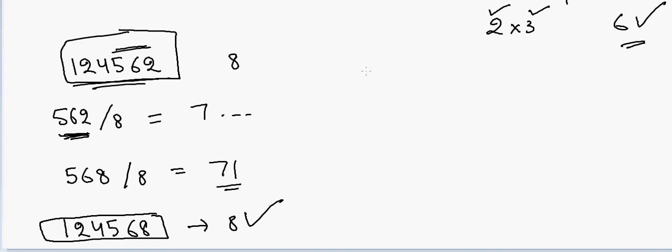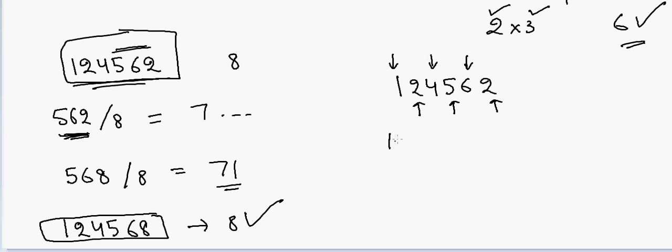Now let's talk about the divisibility by 11. So if I have 124562, and I want to find out whether this number is divisible by 11, I'll take the alternate numbers. So I'll take 1, this number and this number, and then I'll take the other numbers, and add them together.